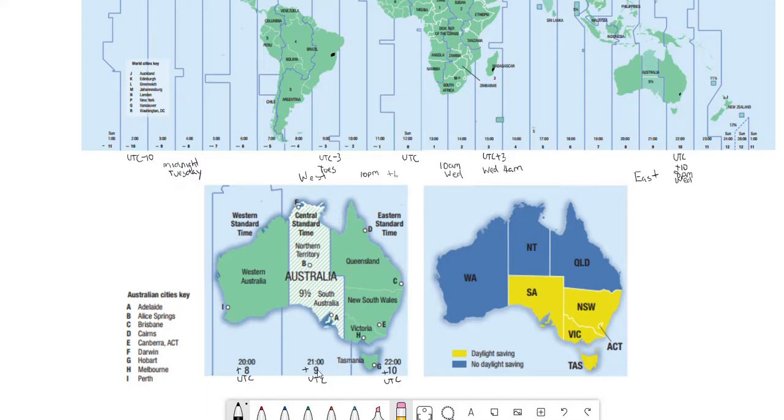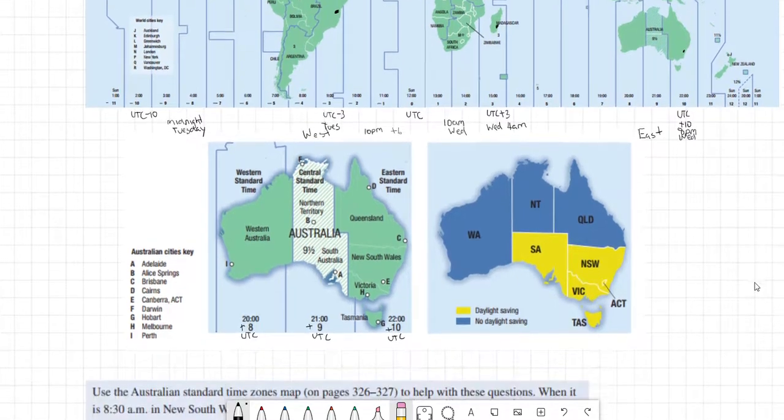Okay, we don't use the 9, we use 9.5. Okay, so that means that instead of South Australia being an hour behind New South Wales, it's actually only half an hour. Okay, so it's a special case in Australia that we use the half hour, not the full hour. Okay, now let's slide up and let's look at our first question.